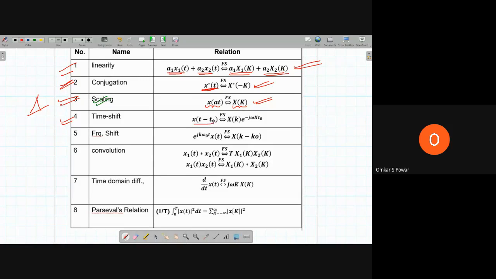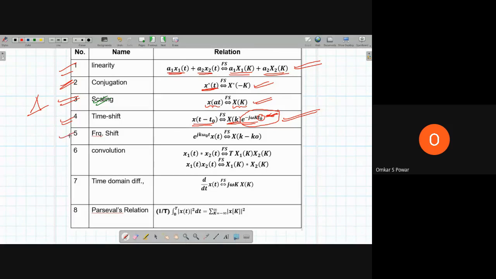When you shift in the time domain, you have to multiply by e power minus j k omega naught t naught. So this t naught goes there, and X of k will be there in the frequency domain. Again, you have to multiply by this exponential, so please remember this one.